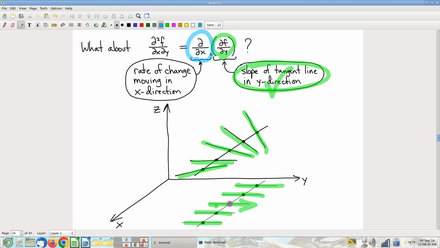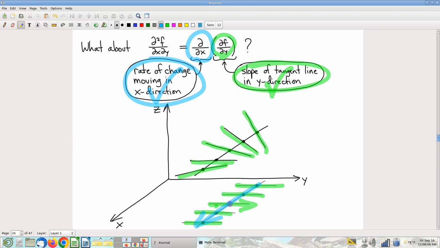What we can do though is say we have this alternative interpretation of X partials. X partial says, look, as I start moving in that X direction, how fast are we seeing change in the thing that I'm taking the X partial of? Right?